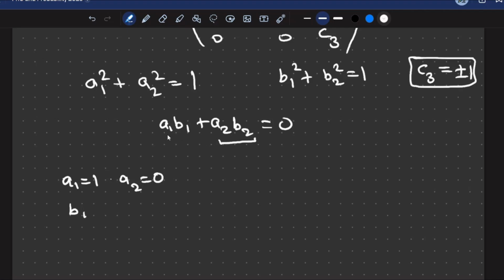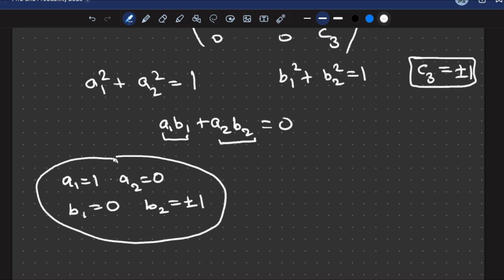Since a1, b1, a2, b2 are all integral terms, b1 has to be equal to 0, and if b1 is equal to 0, b2 has to be equal to plus minus 1. So from here we get two cases, right? Second case would be if a1 is equal to minus 1, same analogy, a2 would be 0, b1 would be 0, and b2 would be plus minus 1.